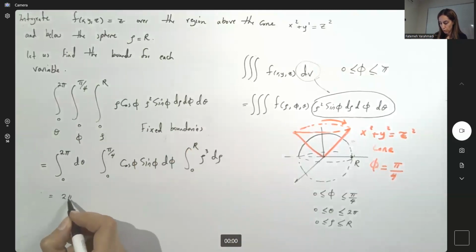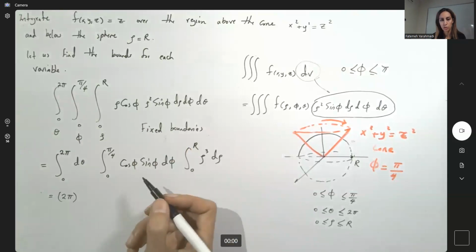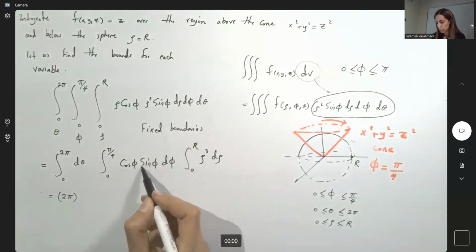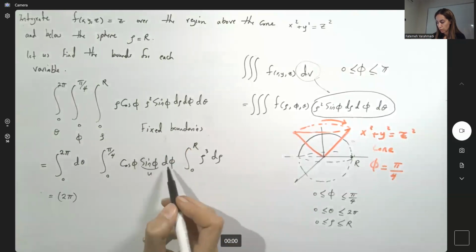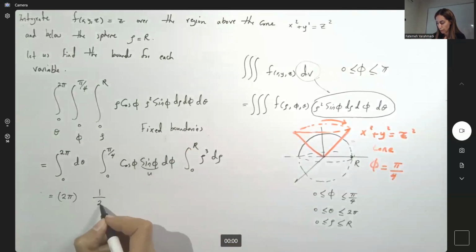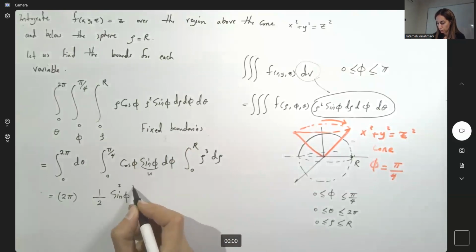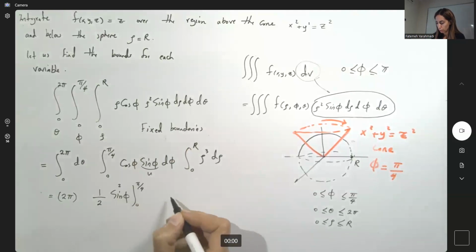So this is just 2 pi. Here you can use u-sub. If u is equal to, for example, sine, du is cosine, so you have a half u squared, or sine squared phi, bounded between 0 and pi over 4, multiplied by 1/4 of r to the 4.